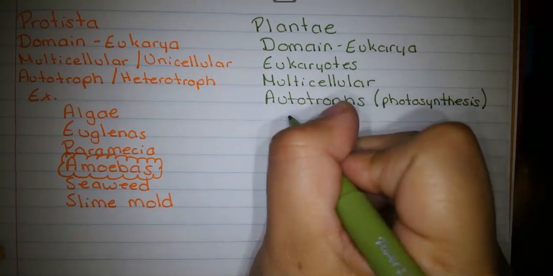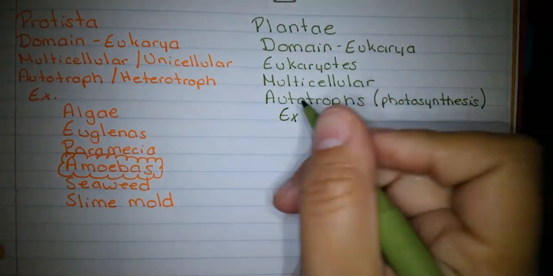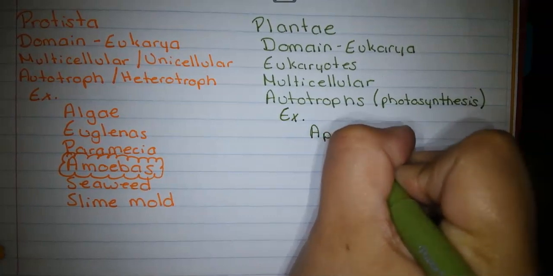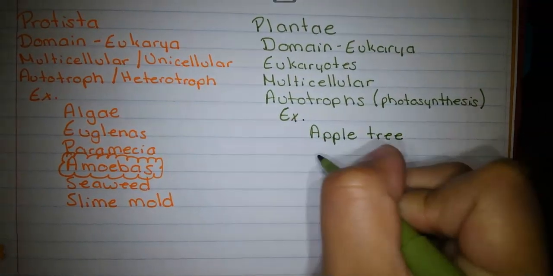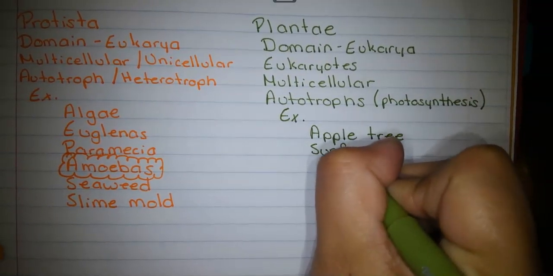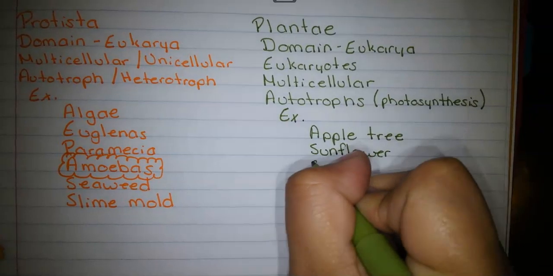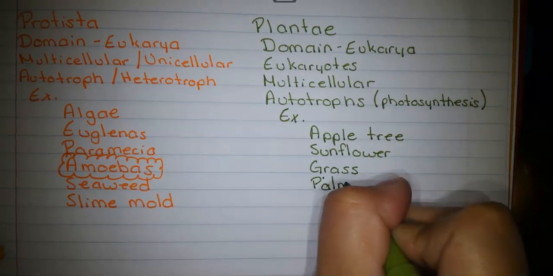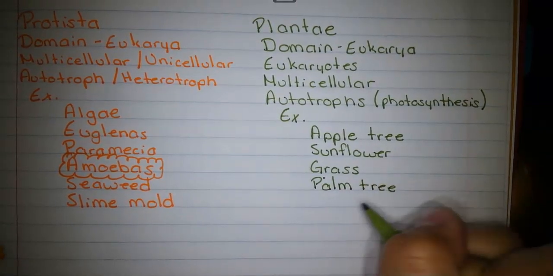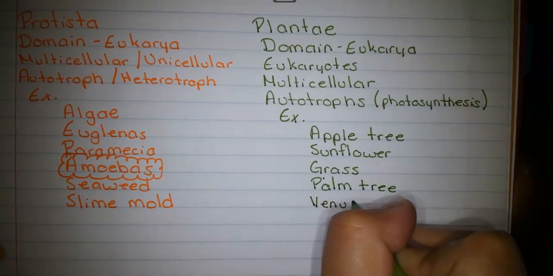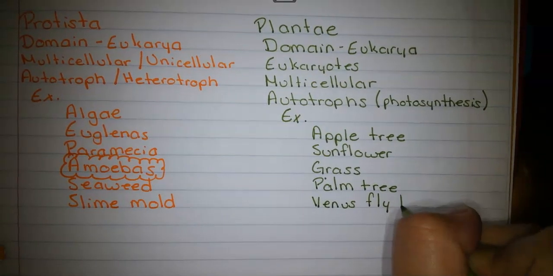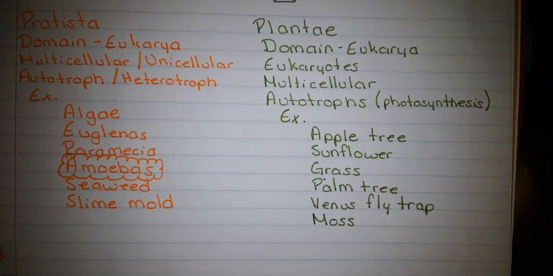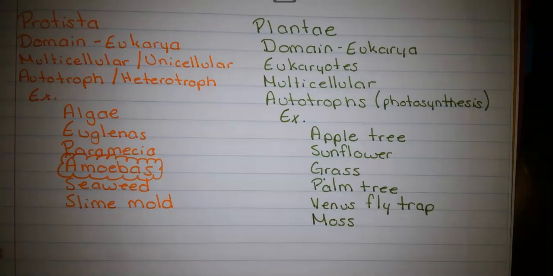Okay, examples of plants. We've got an apple tree, a sunflower, grass, palm tree, a Venus flytrap, moss, and these are just a couple of the millions and millions of plants that we have.